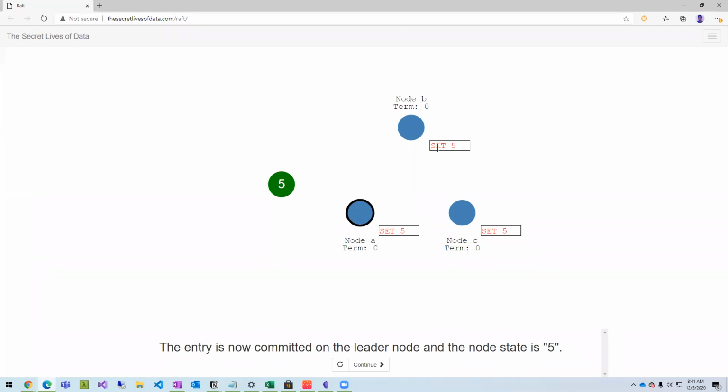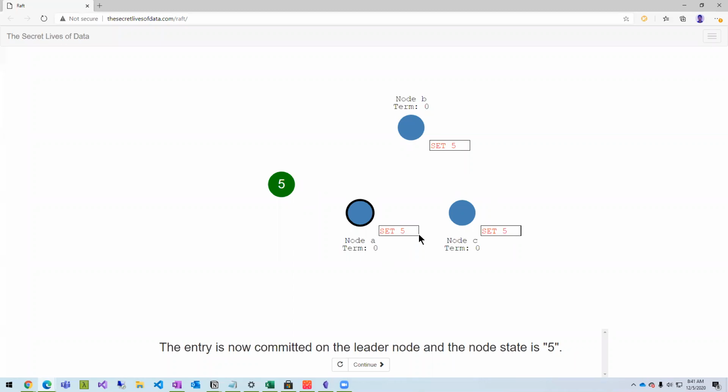The thing is, in these two nodes the value was not yet committed, but in the leader it would have been committed, and now the leader has committed the value but has still not acknowledged it.